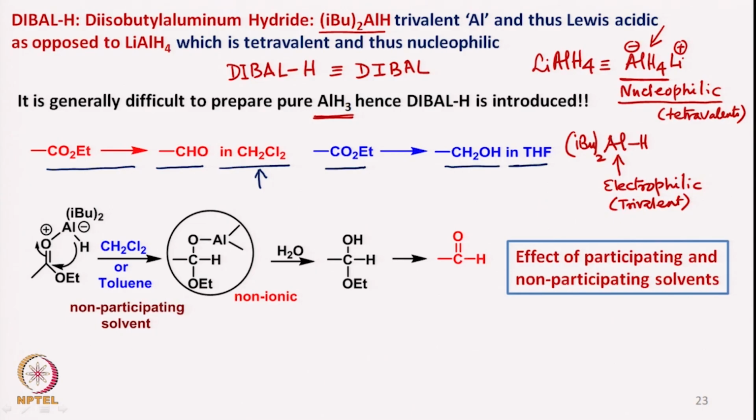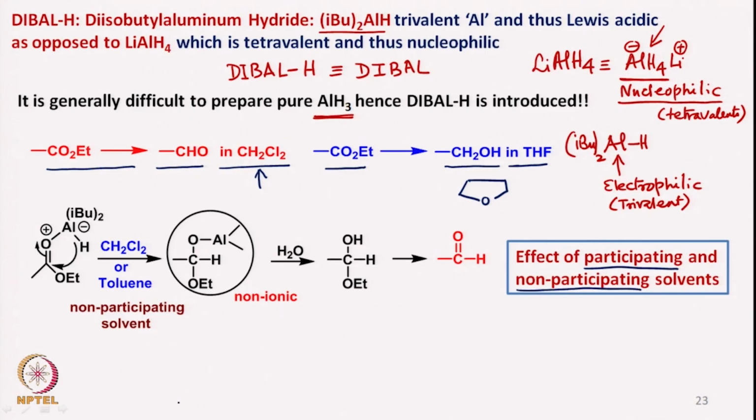One is the reaction of the ester in dichloromethane and the other is the reaction of the ester in THF medium. Now, THF as you know is tetrahydrofuran. So there is something called the effect of participating and non-participating reagents or solvents.